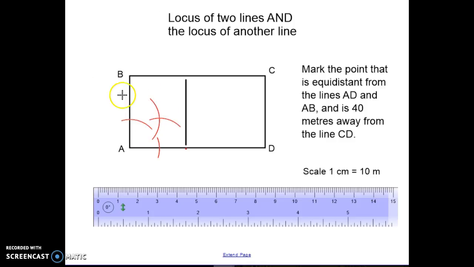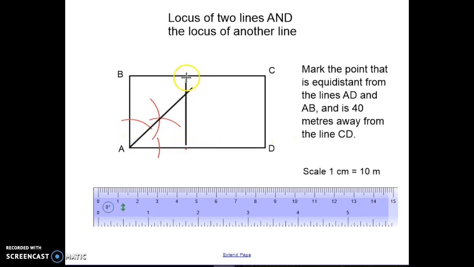Final thing I need to draw is a line that goes from point A through where the third and fourth arcs crossed, and that crosses with the line that I drew earlier. So where those two lines meet, everything on this line is equidistant from AB and AD.